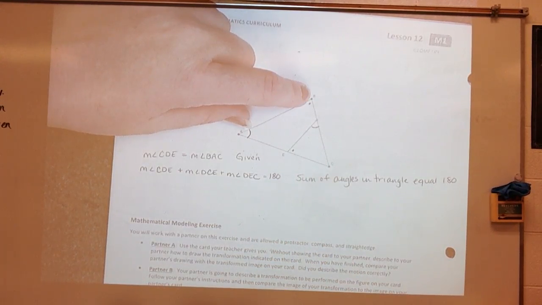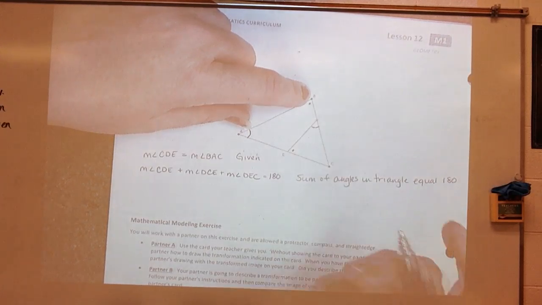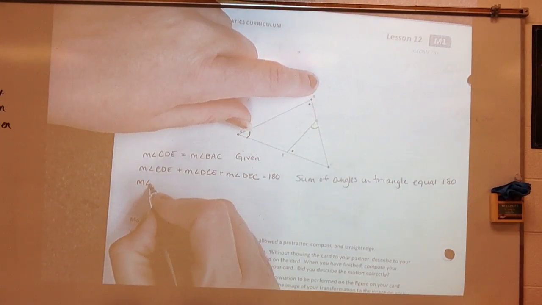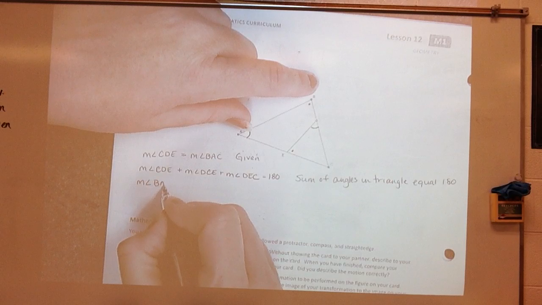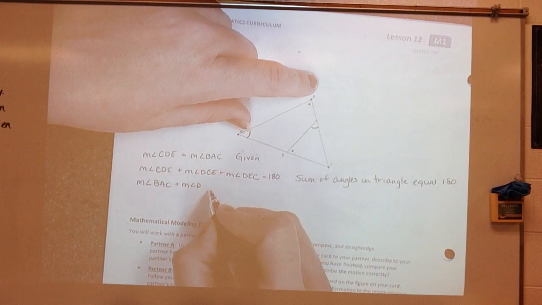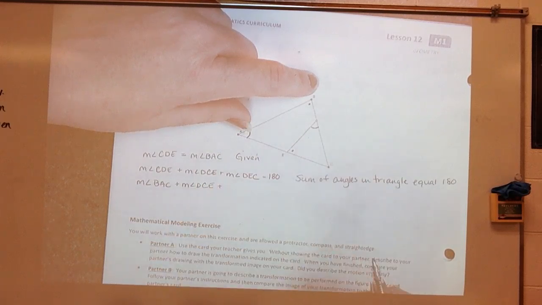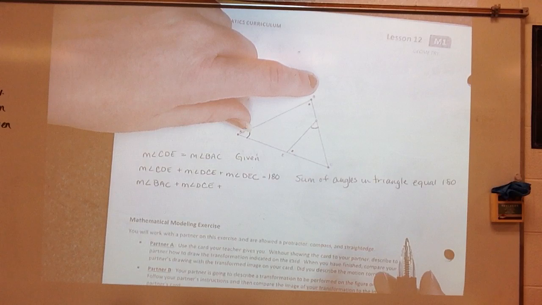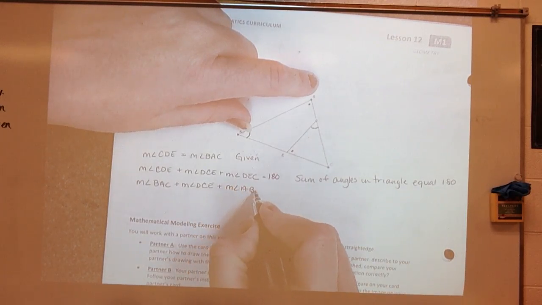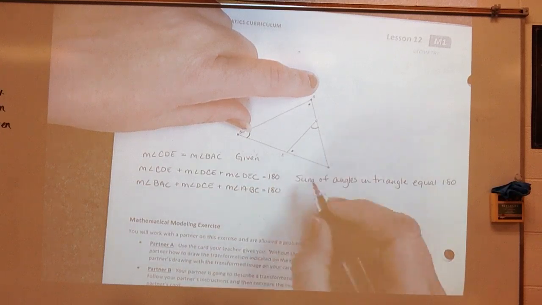Alright? So now let's look at the big triangle. Because what we're going to see is we're going to kind of compare both triangles here. So the measure of angle BAC plus the measure of angle DCE, because notice they share that angle, plus the measure of angle ABC equals 180.